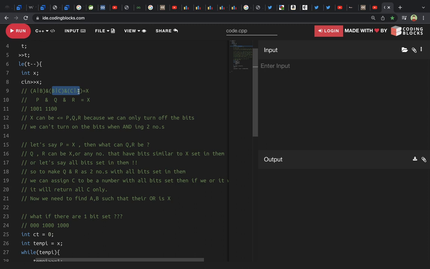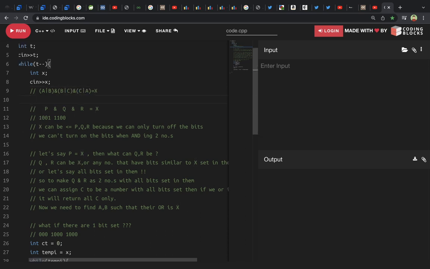If c is a number with all bits set, then the OR of b with c would only be c, and c will be equal to 111, all ones. So this will be c, and this will also be c, and we AND this, and it will actually turn out to be x.